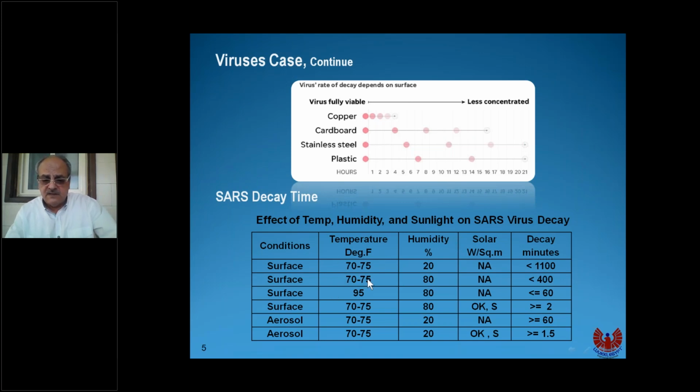If the temperature stays as it is but the humidity increases, the decay time will be reduced. If you increase the temperature and the humidity, you will reach a 1-minute decay time. Or go back, sorry, to the normal air conditioning temperature, 70 to 75, with 80% relative humidity and the presence of sunlight, you will have a maximum of 2 minutes and the virus will die.